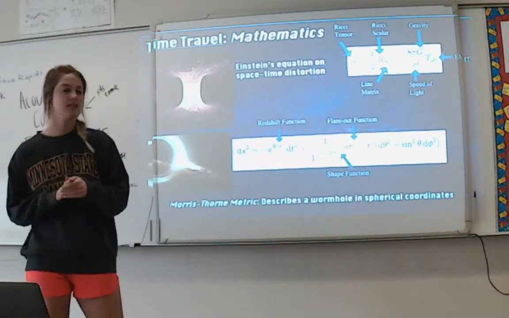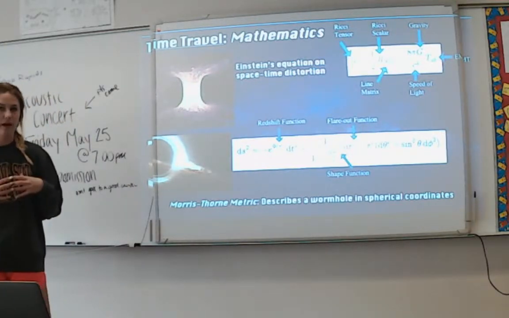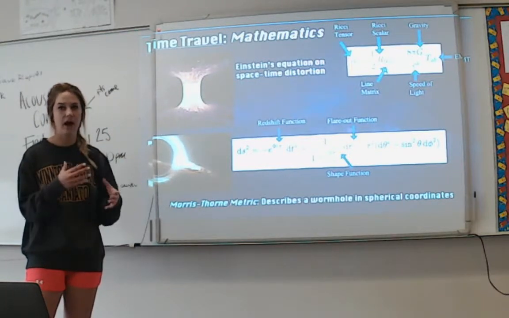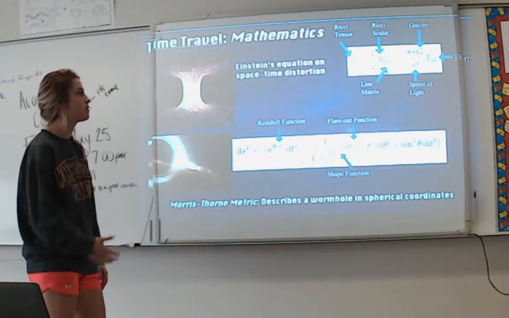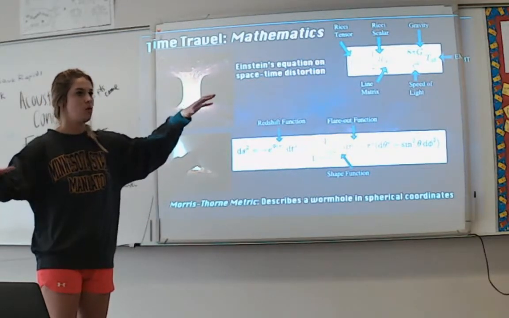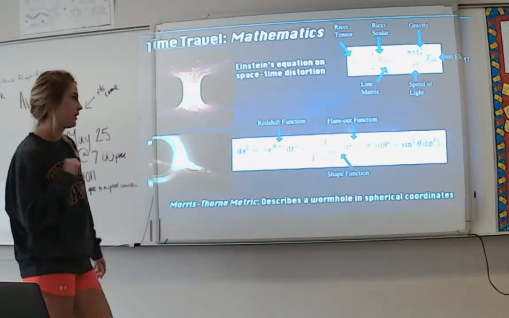That is the variable that describes the amount, type, and distribution of energy and matter in space. So that's the object itself and taking that into account. And so this calculates the whole curvature and the distortion caused by massive objects in the space-time continuum.